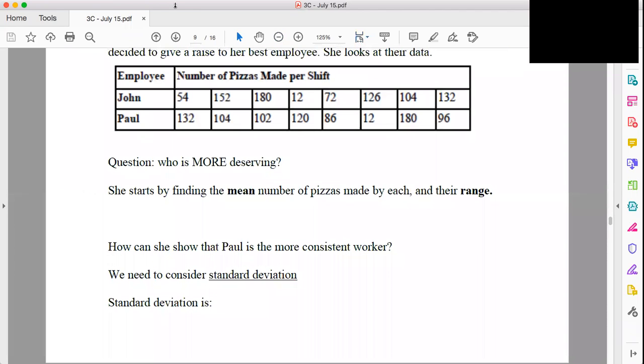So we're going to find the mean. If we look at John's mean, you're going to add all of these numbers together.